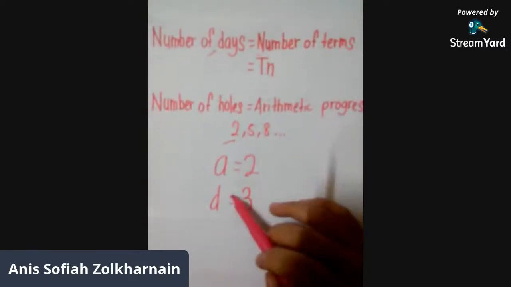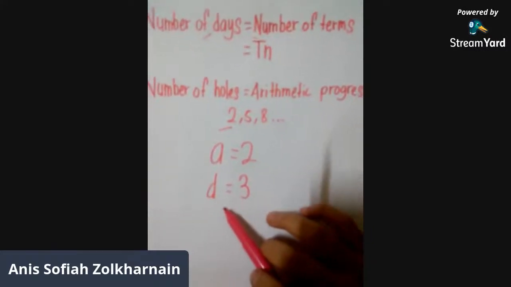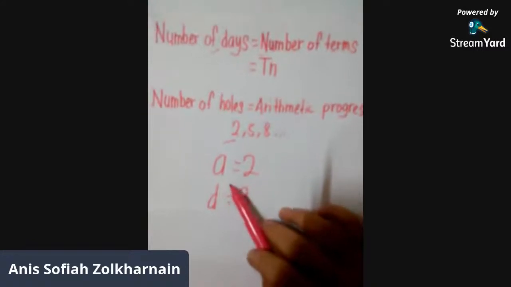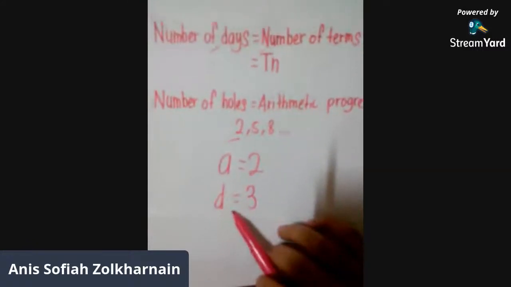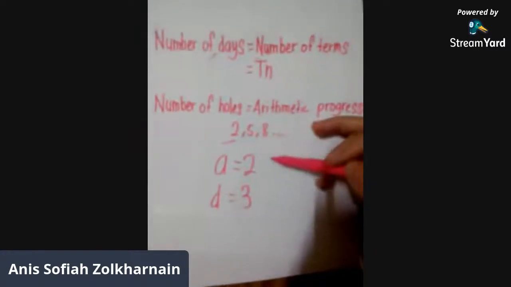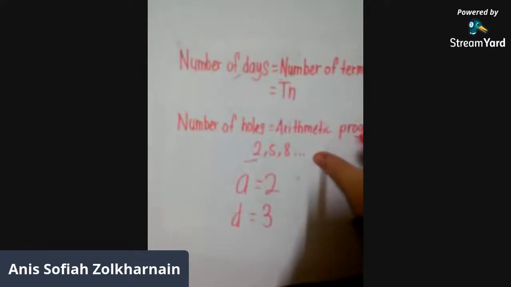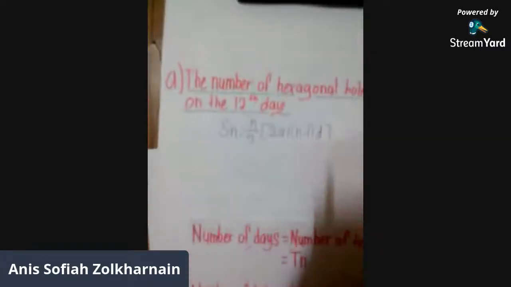Therefore, we get these values: a, the first term, equals 2, and the common difference d equals 3. Here we have the important information to solve the two questions. Okay, I will go for the first question.